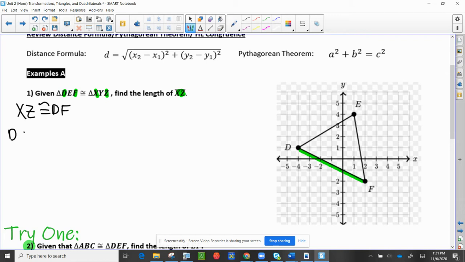So our point for D has the ordered pair -4, 1. And our point for F looks like it's at +2, -2.